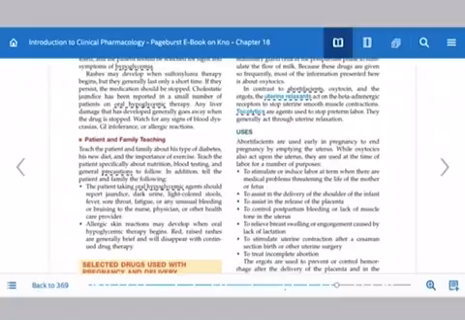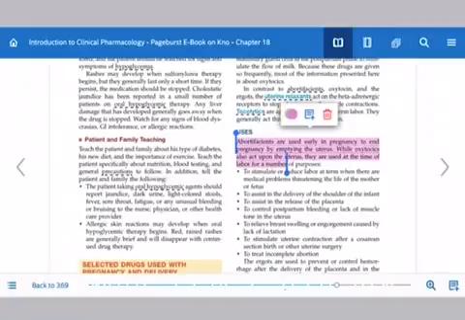So, actions and uses. Like we mentioned, abortifacients are used early in pregnancy to end pregnancy by emptying the uterus. Oxytocics stimulate uterine contractions and cause the uterus to empty out.